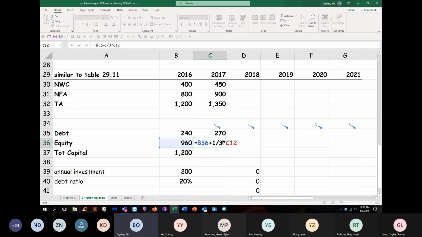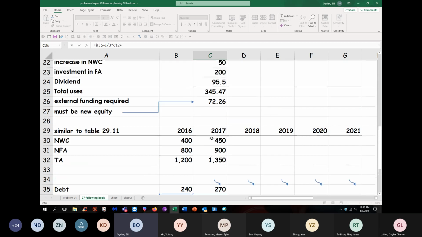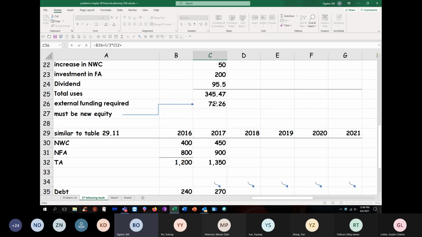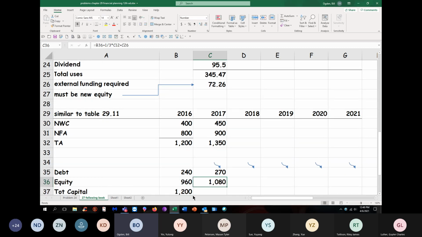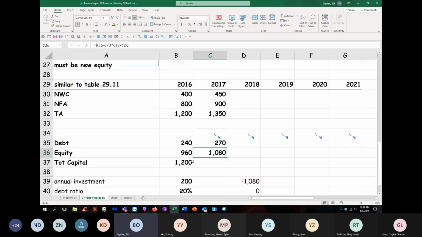And to be perfectly safe, you probably could put them on there, except that Excel goes from left to right in its order of operations. So it's just going to take the third first, then it's going to do the multiplication. So this works just quite well. Right? And then we'll be adding to that our addition to retained earnings. I'm sorry, our new equity. And now we will balance very nicely.